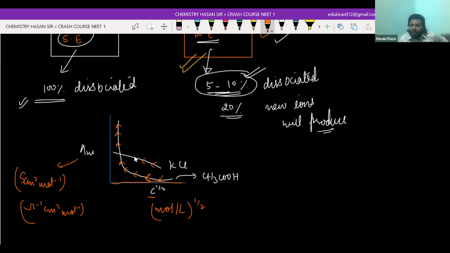If you dilute it, it changes itself. There will be an increment of molar conductance in a strong electrolyte as well, but the variation in the case of a weak electrolyte will be more as compared to a strong electrolyte. Is that clear, everyone?